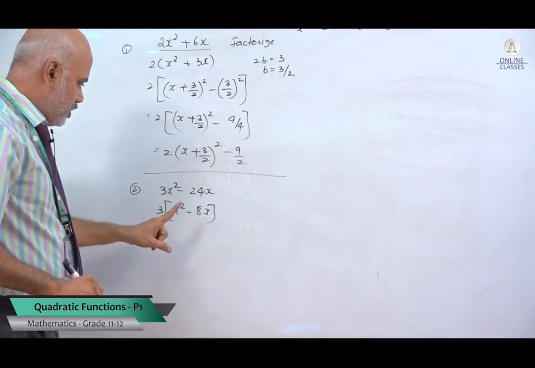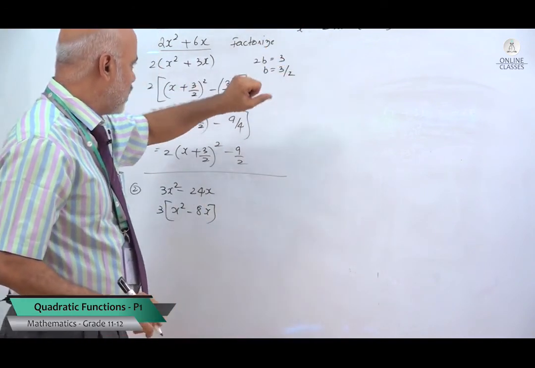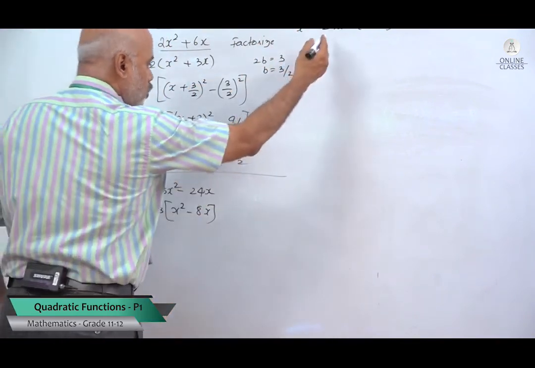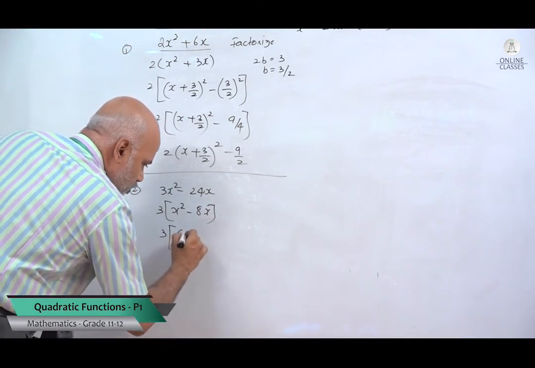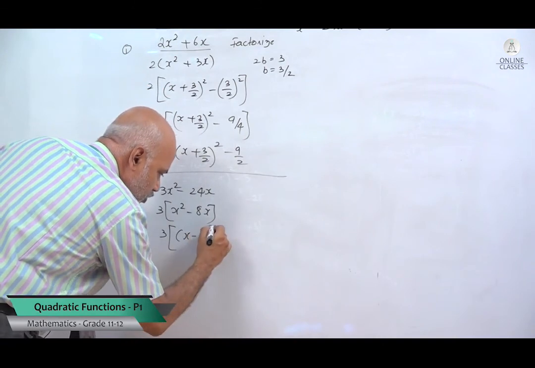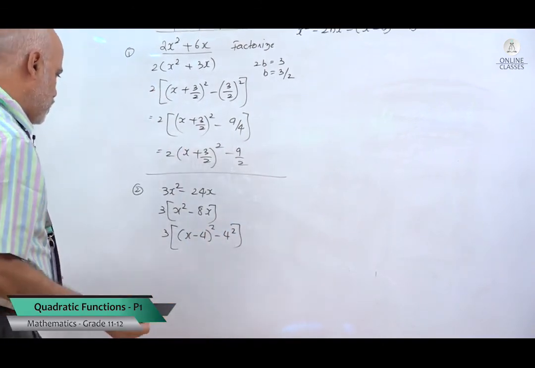Next step, completing square. Which format does it fit into, first or second? Since you have minus, it fits the minus one. So here 2b is 8, b would be 4. So x minus 4 the square, minus 4 square. And the next step is what?